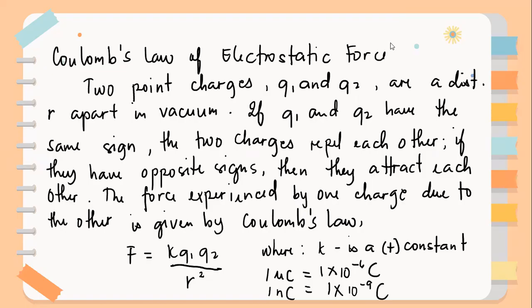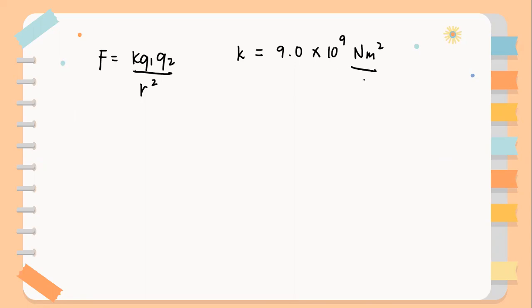A constant value for K. We have again the formula F is equal to K Q1 Q2 over r squared, where K is a positive constant equal to 9.0 times 10 to the 9 newton meter squared per coulomb squared.